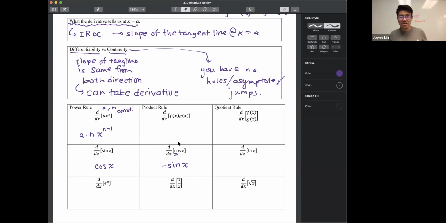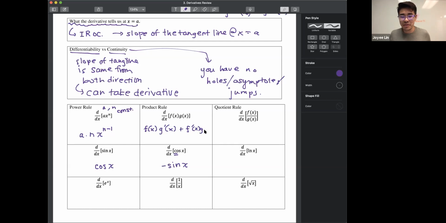Product rule. Does anybody have a good song for product rule? No songs. I have a song for the quotient rule. I just don't have one for product rule. I was hoping somebody had one. I do f g prime plus f prime g. That's my way of doing it.